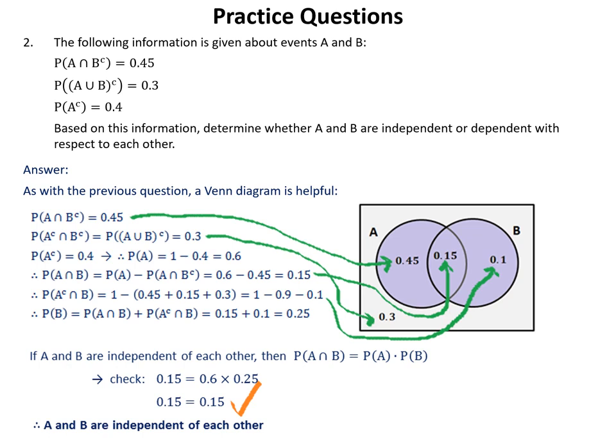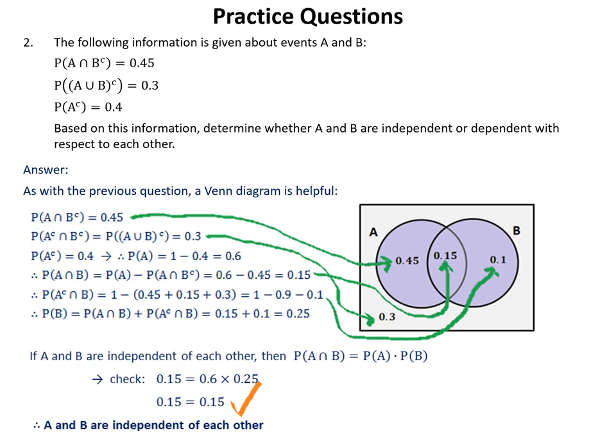So we draw two circles that overlap with an intersection, and we label them A and B. Now, it's still at this point possible, generally speaking, before we've fully analyzed the situation, that the probability of that intersection region could be 0, which would actually then mean that the two sets were mutually exclusive. But now we're going to analyze the information that's given to determine all that. So we start with the first piece of information that says that the probability of A intersection B complement equals 0.45.